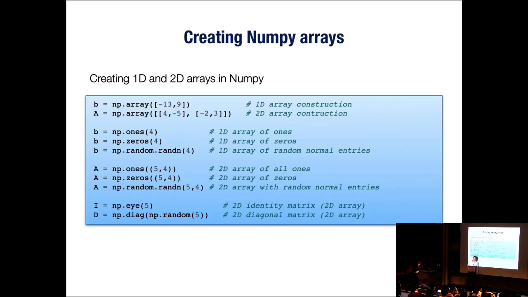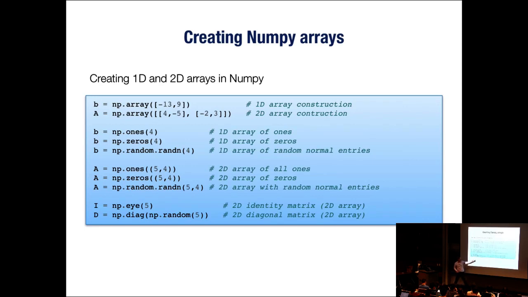That's one thing that has always irked me, and I frequently make that mistake. So just be aware: ones and zeros, the call requires parentheses, a tuple of sizes. Random does not. I can create an identity matrix by the I call, and I can create things like diagonal matrices by the diag call.